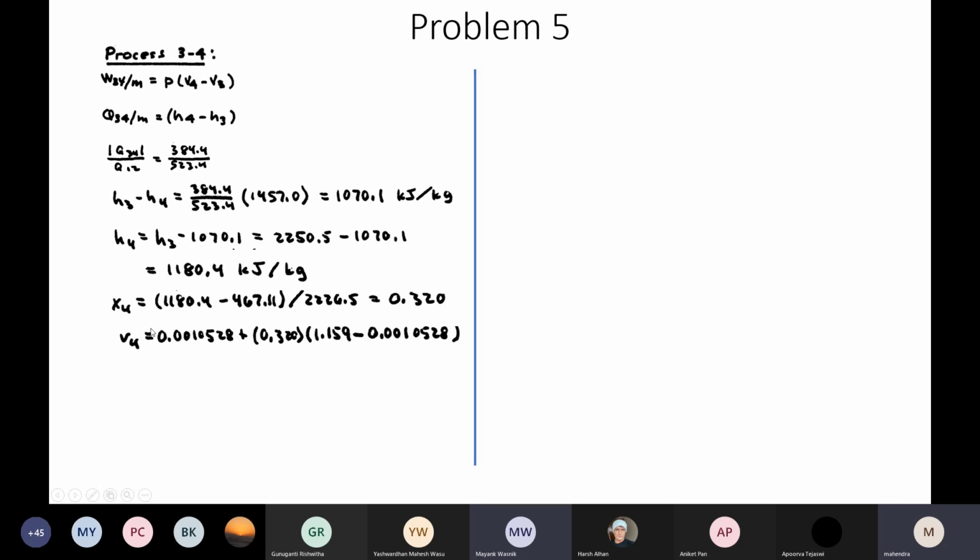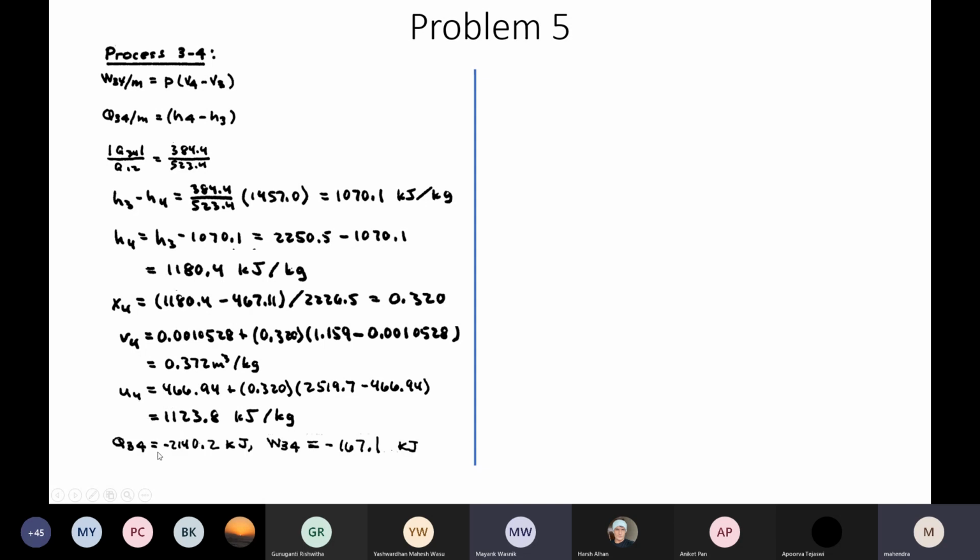Again, this is saturated liquid specific volume. This is the X4 value, and this is the saturated vapor specific volume minus saturated liquid specific volume. These are the formulas that you have to practice very well. Then same time we can calculate in the similar fashion U4 also. So that way we have calculated anyhow Q34.